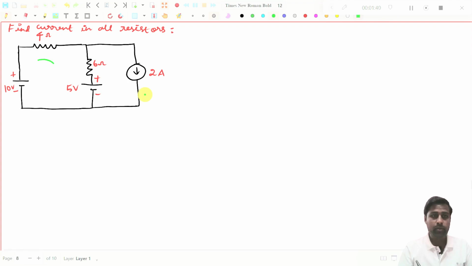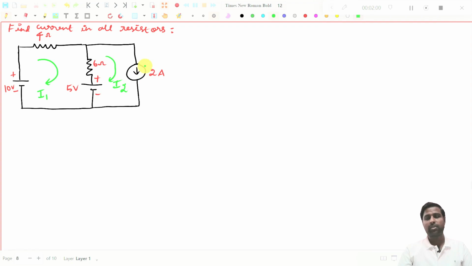So this will be I1 and this will be I2, and you have to assume this I2 current direction as whatever is given here, since it is given already.